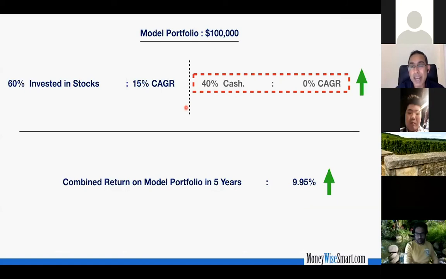So by doing that, I'm pushing up the return that I'm generating on this idle cash. So that is no more 0%. And in turn, I'm also pushing up my overall return, which I'm generating on my overall portfolio. So that is the benefit of this particular strategy.